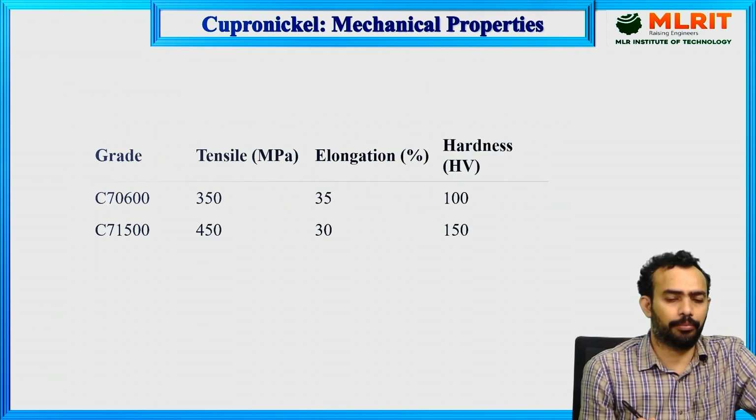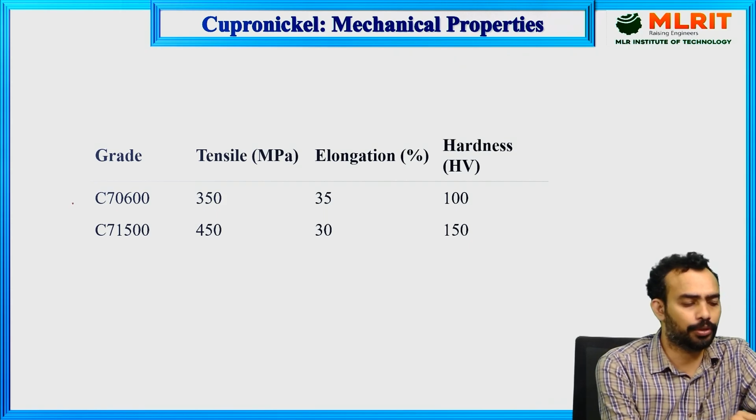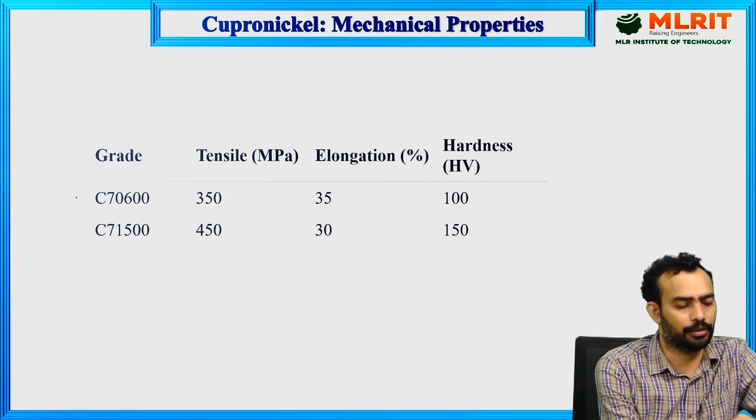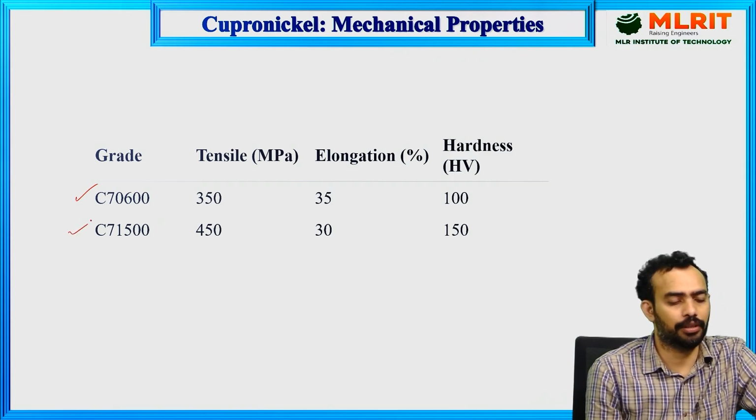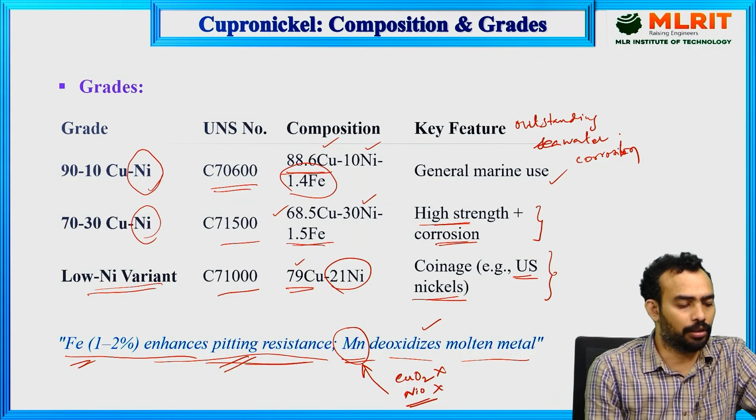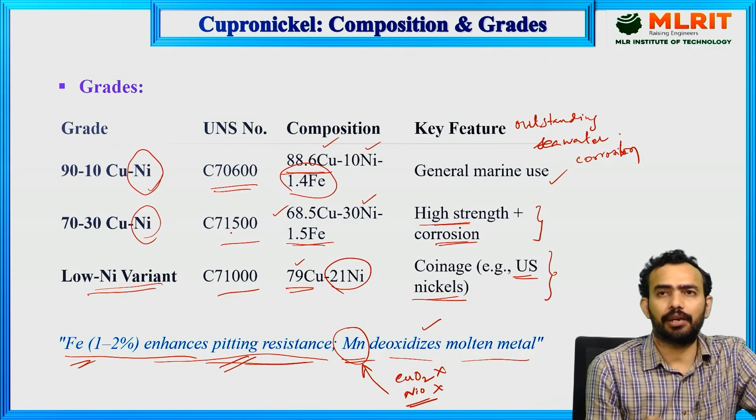Now look at the mechanical properties of these two grades. One is C70600, that is 90/10 copper nickel. Then we have C71500, which, if we recall, is 70/30 copper nickel.